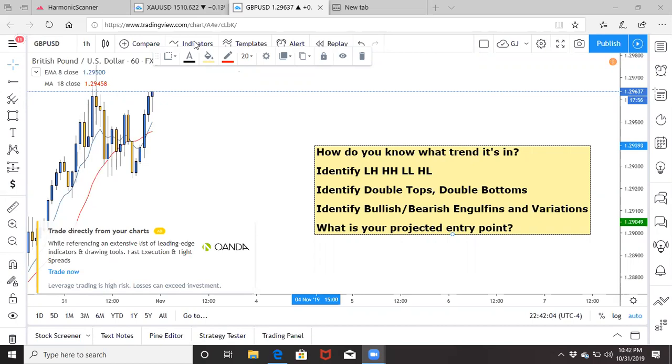Wait, I was gonna say something to Sir. Hey, sir, it's Andrea. Question for you. You've been taking notes diligently and doing what we're doing in here, right? So what we're thinking is having someone walk through the pair, taking it from the harmonic scanner to this, identifying some double tops, double bottoms, stuff like that.